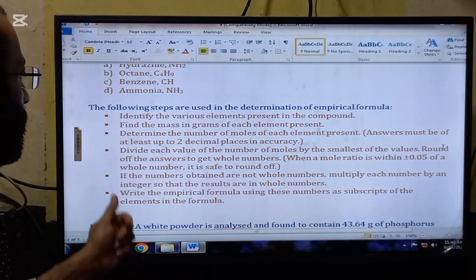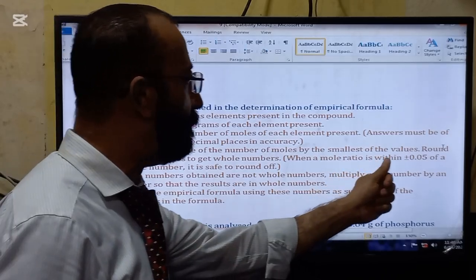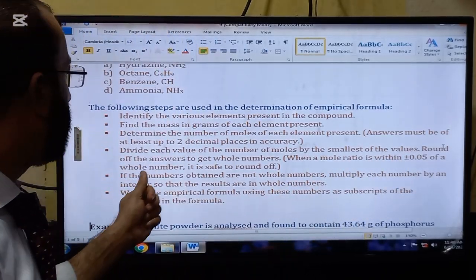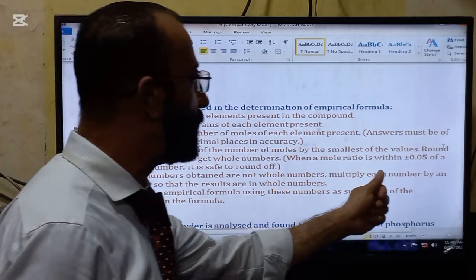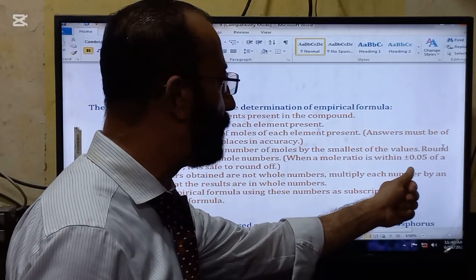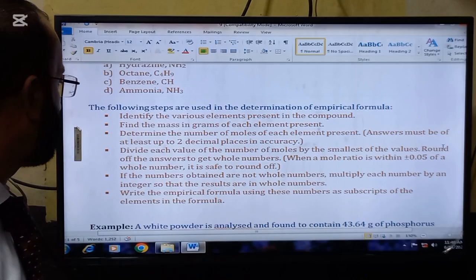The next step is to divide each value of the number of moles by the smallest of the values. Round off the answer to get a whole number. When a mole ratio is within plus or minus 0.05 of a whole number, it is safe to round off.